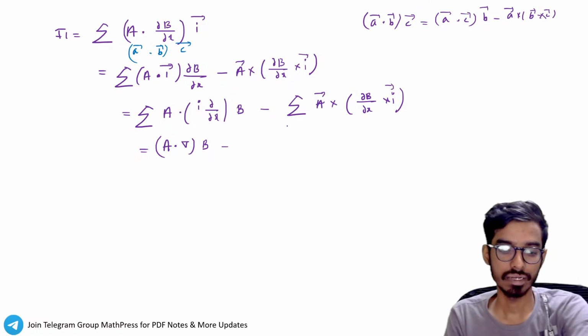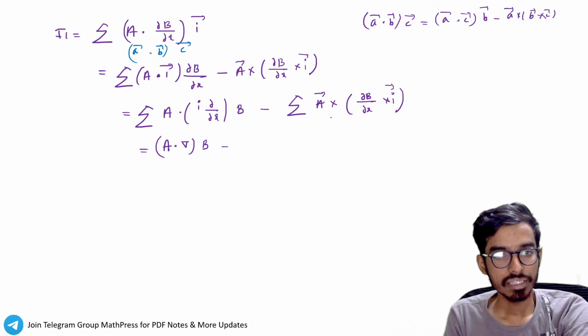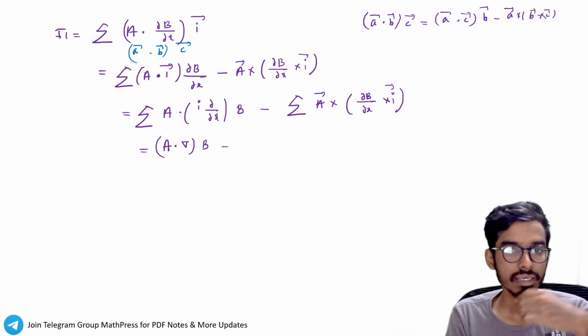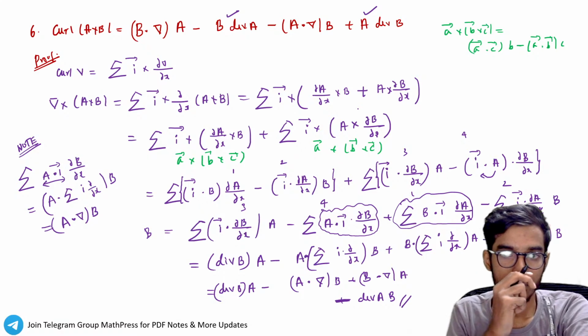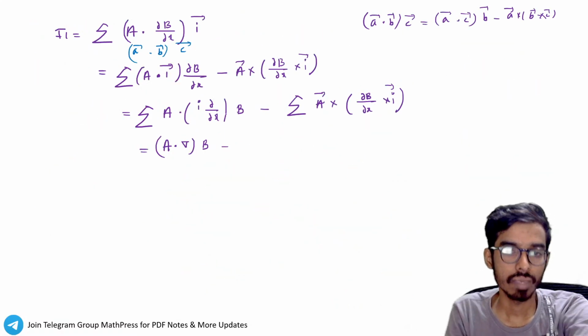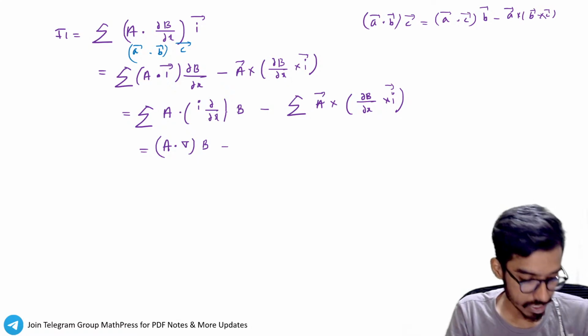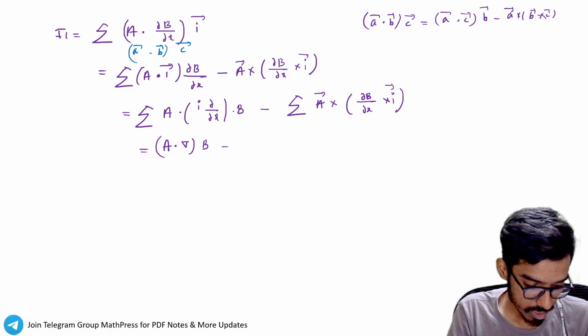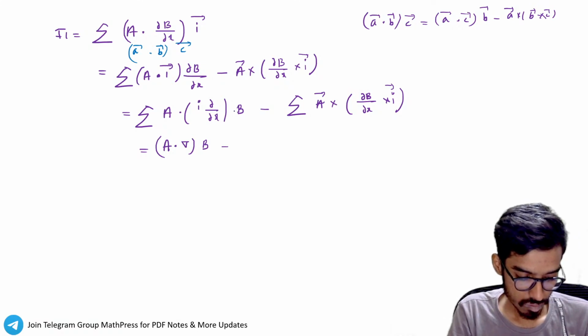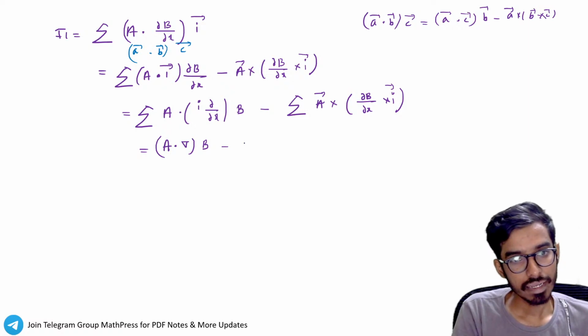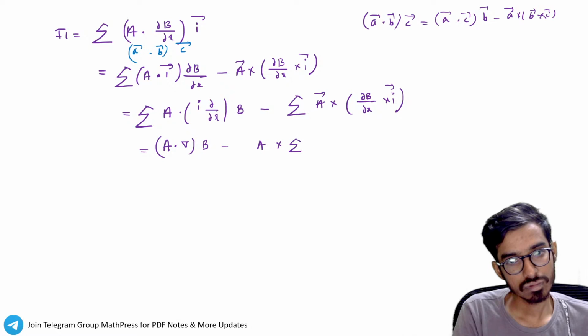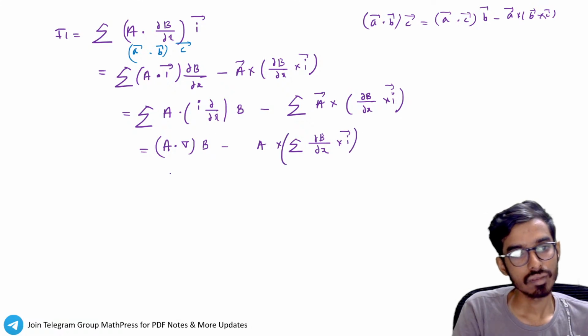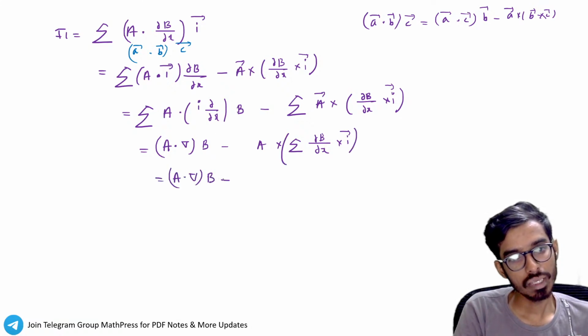I think I can take this A outside, right? So summation A, or you can also use the property of A cross B cross C. So A cross dou B by dou X cross I, I can write this as A cross summation dou B by dou X cross I. This is A dot del into B minus A cross, this is curl B, right?